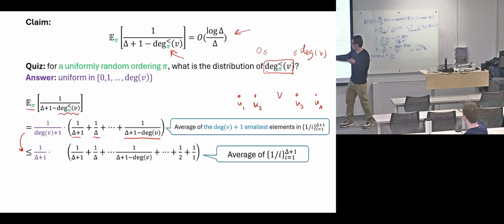You have this set of numbers, you take the average, and now you take the smallest prefix and take the average. So this one must be smaller than this one.